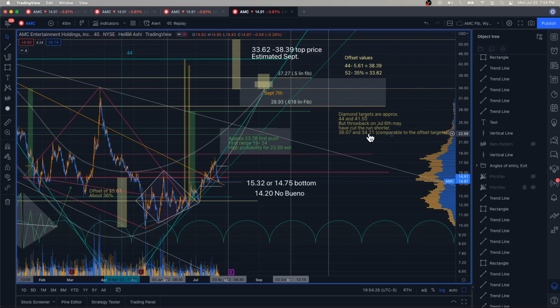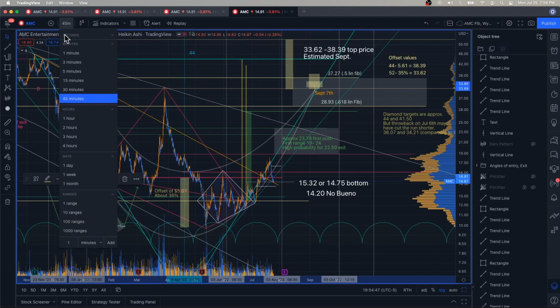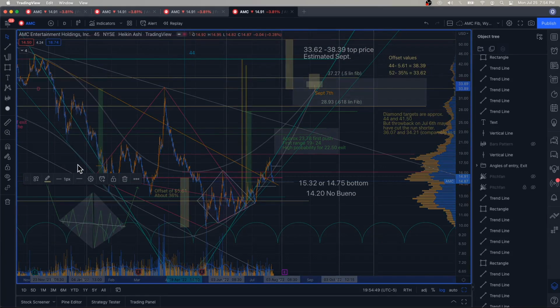What's really strange to me about the 34.21 number is that, if you remember, the top of this particular one was 34.31. So it's right underneath it to just a little bit above it. And this particular value right here has historic merit on AMC.